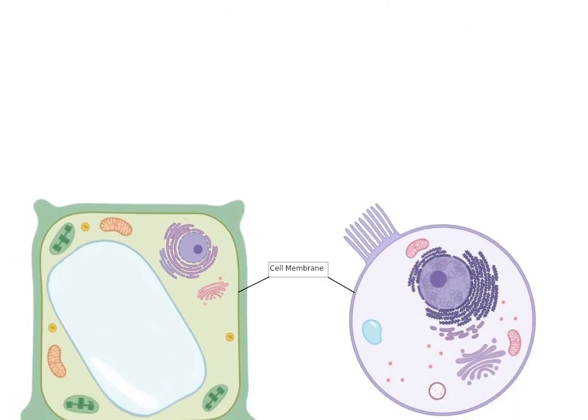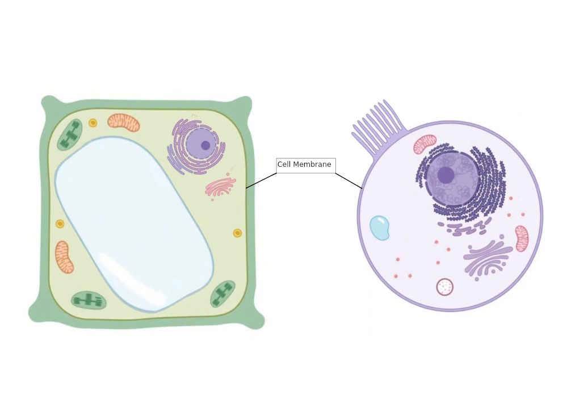And then there will be some organelles that will be found in both animal as well as plant cells, but some organelles are only found in animal cells but not in plant cells, and some can only be located inside a plant cell and never inside an animal cell.